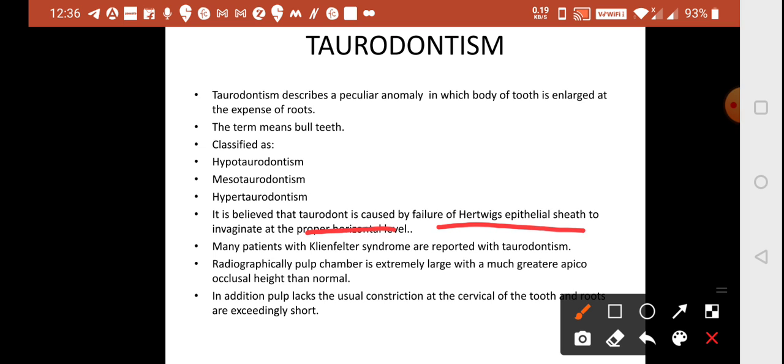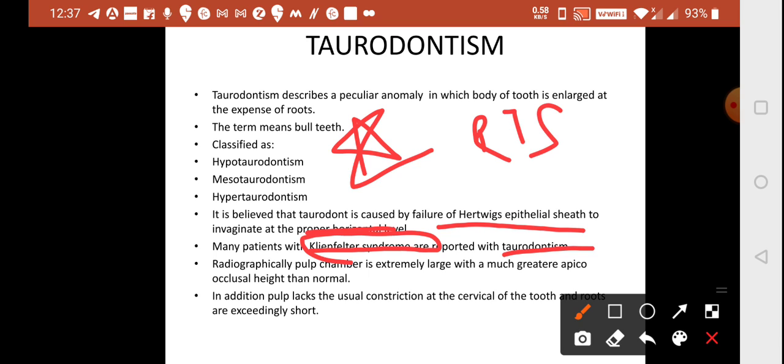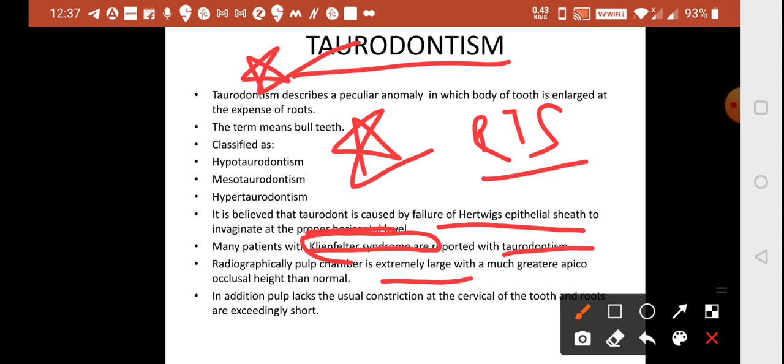Another question that can be asked is that taurodontism is found more commonly with Klinefelter syndrome. So Talon's cusp is with Rubinstein-Taybi syndrome, and taurodontism with Klinefelter syndrome. Very important point. Radiographically, in taurodontism the pulp chambers are extremely large with a much greater apico-occlusal height than normal.